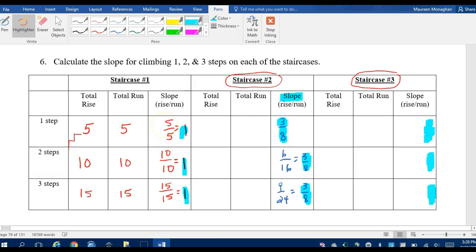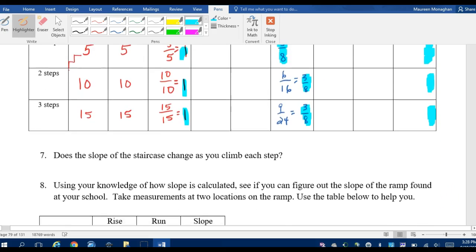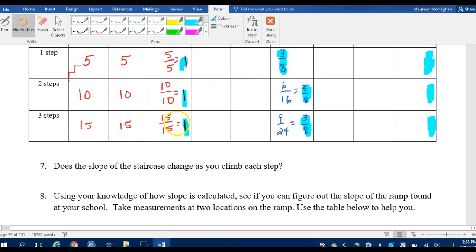So what can we deduce from this? What deduction can we make? Does the slope of the staircase change as you climb each step? Does it? No. The slope is consistently the same.